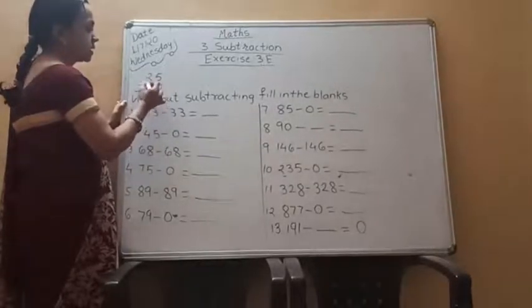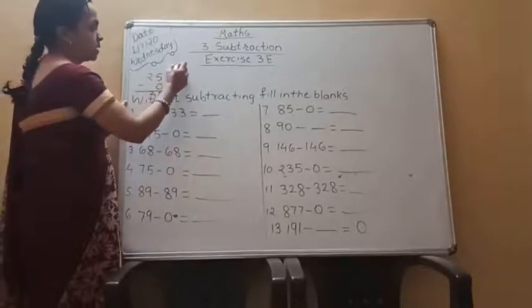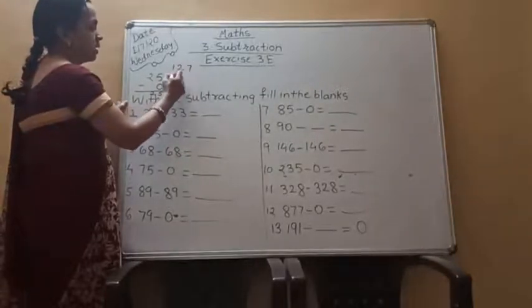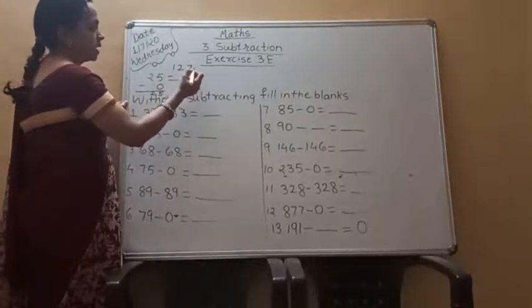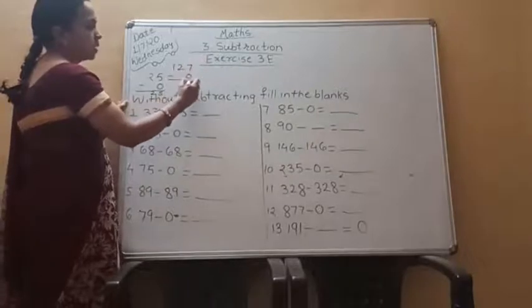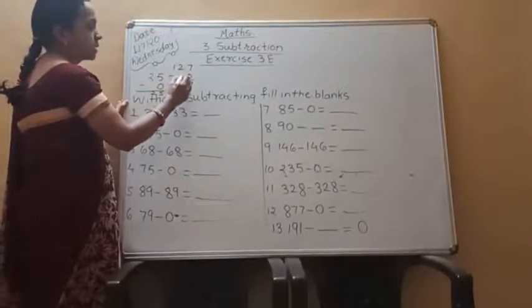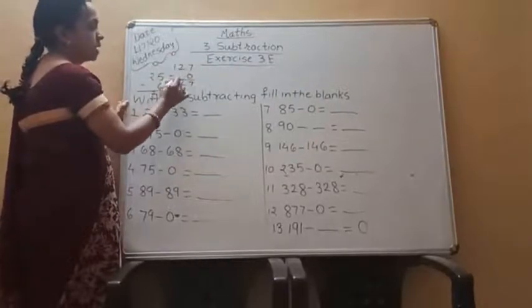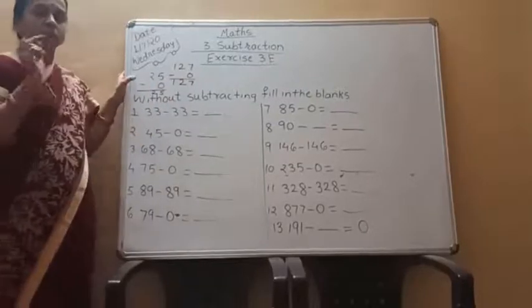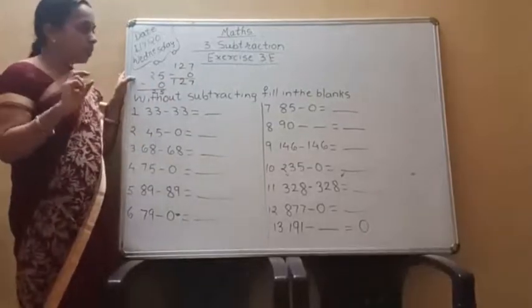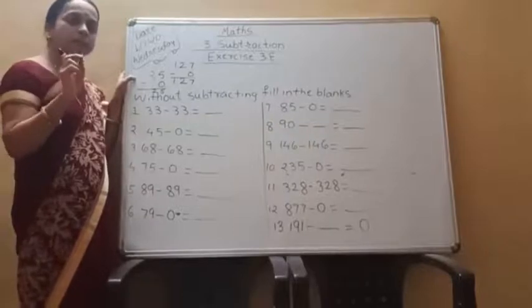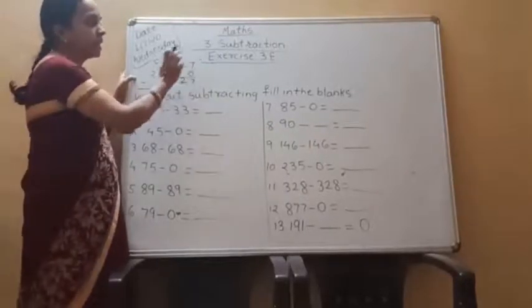So what is the answer? 25. Suppose we subtract 0 from 127. 7 minus 0 is 7, 2 minus nothing as it is, 1 as it is. It means if we subtract 0 from any number, the answer will be that same number.